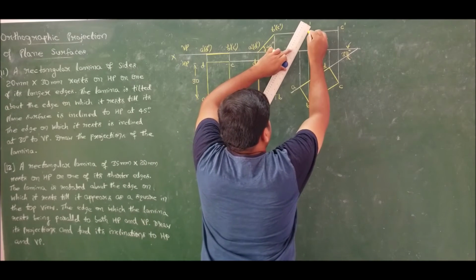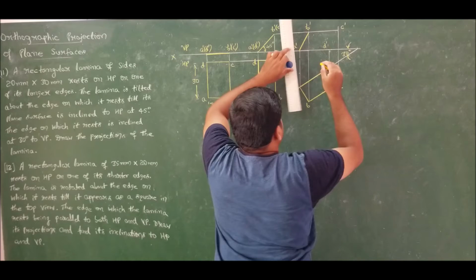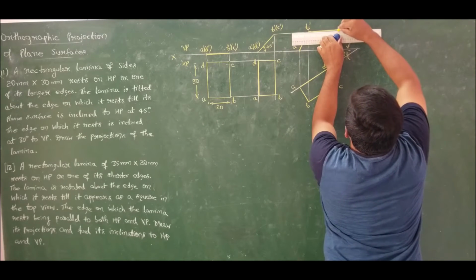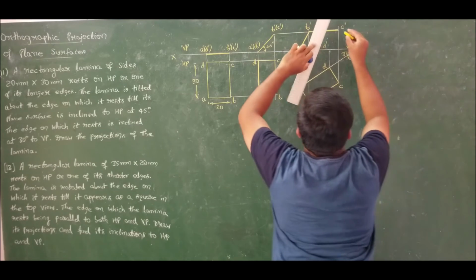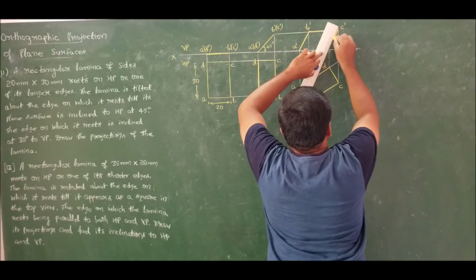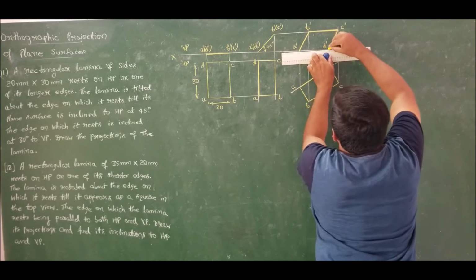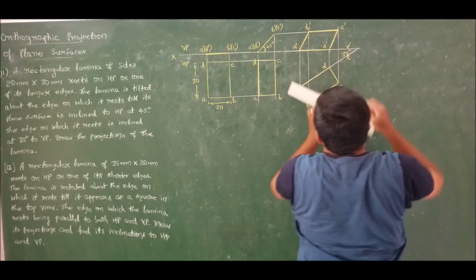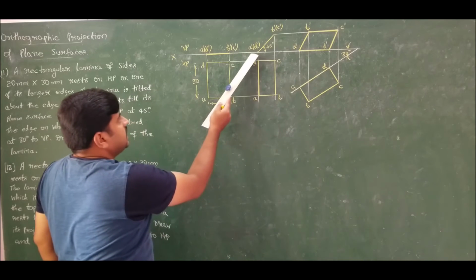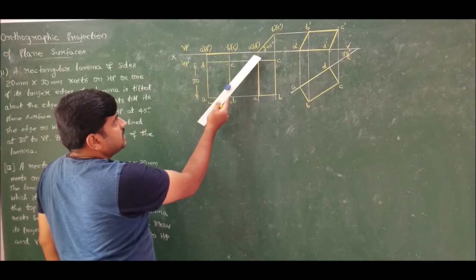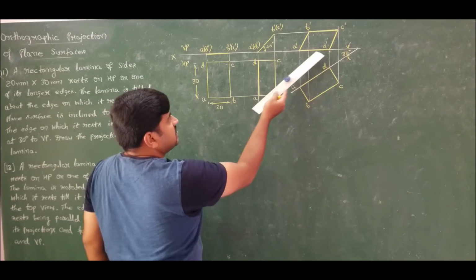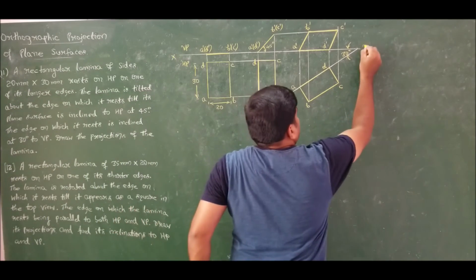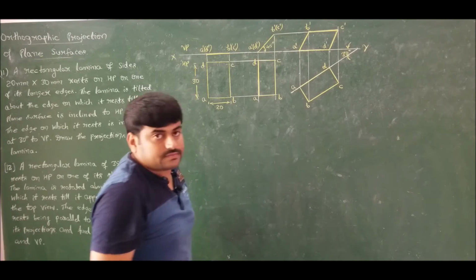Now connect A dash, B dash, C dash, D dash and finally A dash. So it is resting on its longer edge A dash D dash. AD is the longer edge, it is resting on A dash D dash, which can be seen here also. So this is the solution for problem number 11.